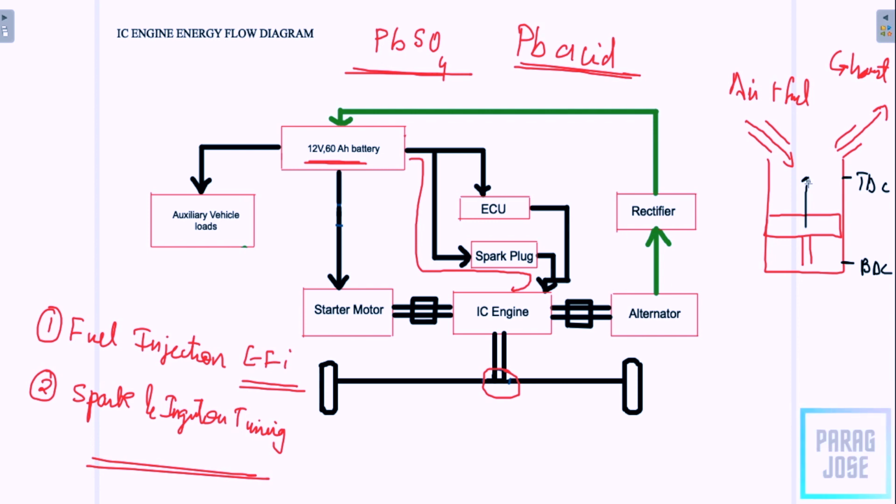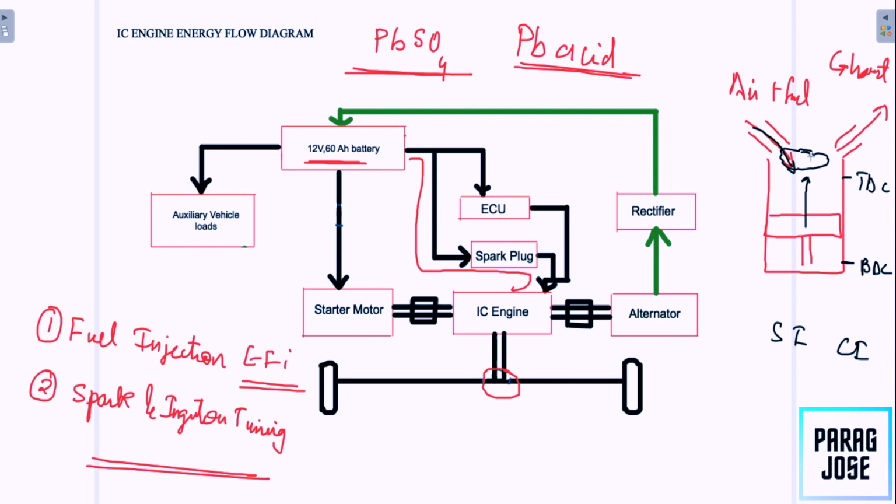When the piston reaches the top dead center, the air and fuel mixture comes into this area, and a high pressure is created because of the upward motion of the piston. Now this high pressure, along with a temperature development which can happen differently in an SI engine and a CI engine, causes an explosion in this area.